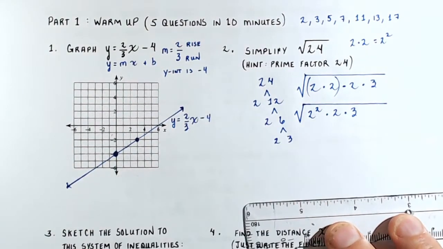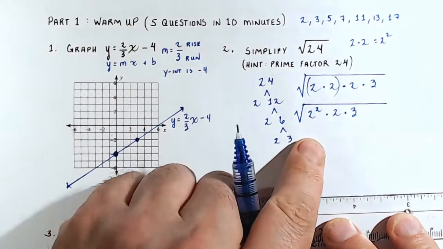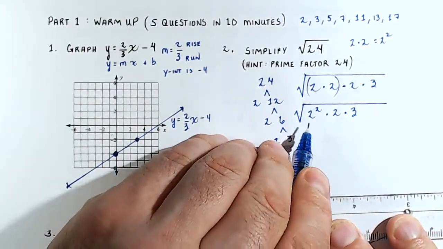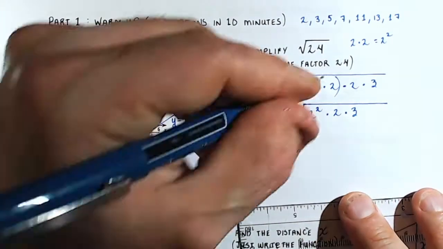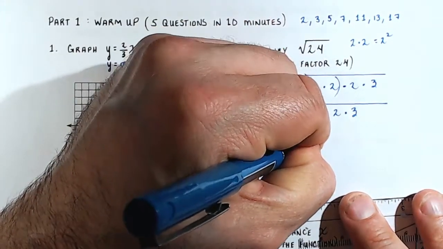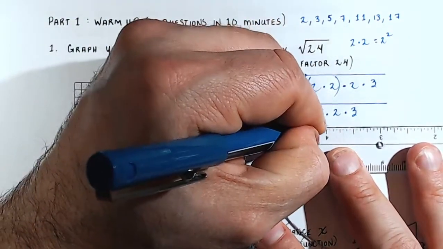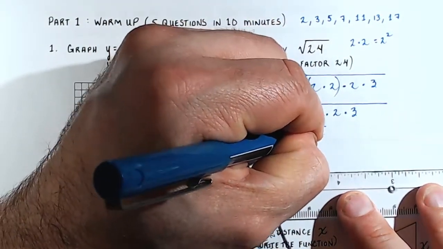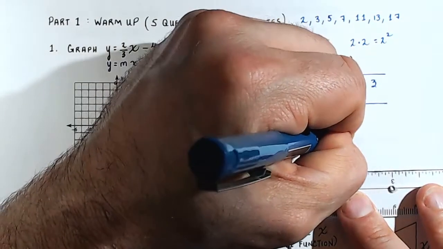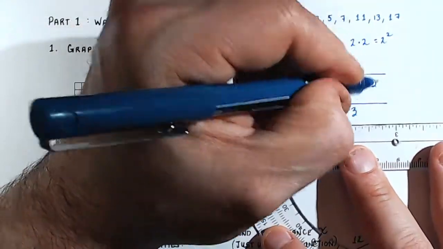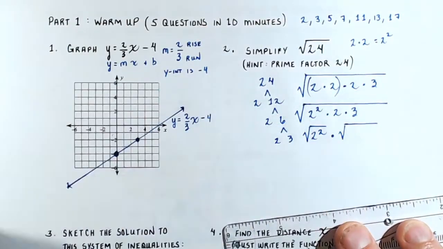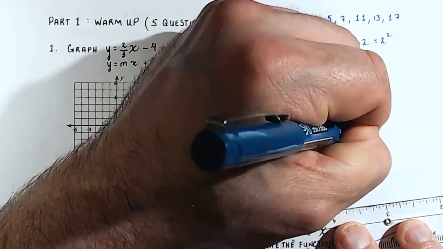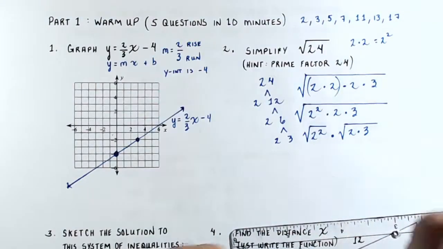Now, something to remember here is that I'm able to break up this square root if it's all multiplied underneath the square root. What I can do is rewrite this as the square root of 2 squared times the square root of 2 times 3. 2 times 3 is 6, but I'll still write it 2 times 3. All I did was break apart that square root.